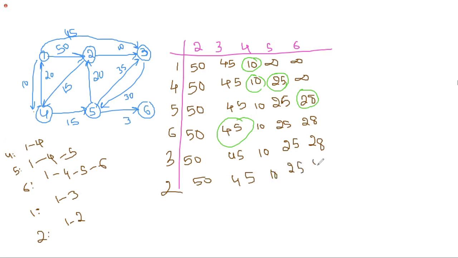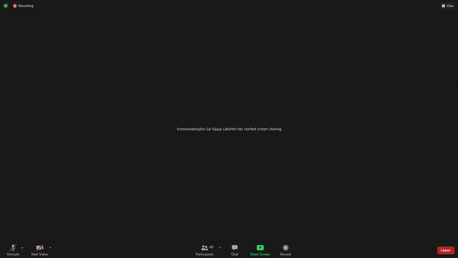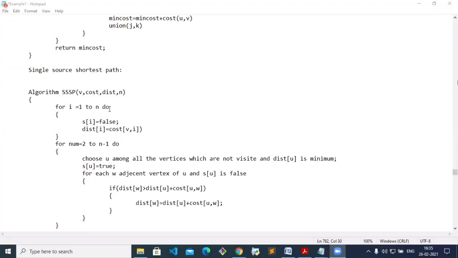Now I'll explain the algorithm also. Observe carefully. If you understand the problem, keep this problem in your mind, then you'll understand the algorithm. What I told in the algorithm is initially for I equals 1 to n, all the vertices, S of I is equal to false. What does it mean? S of I equals false means initially all vertices are not visited.